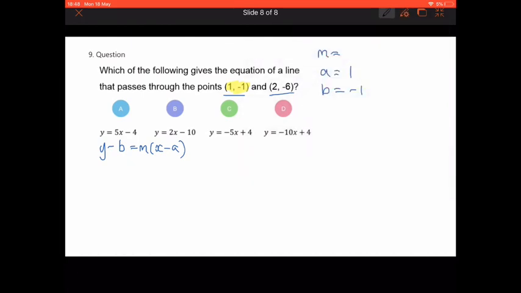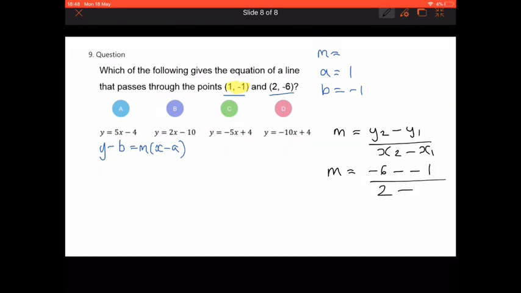We'll use the gradient formula from N5. So gradient equals y2 minus y1 over x2 minus x1. So -6 take away -1 over 2 minus 1.